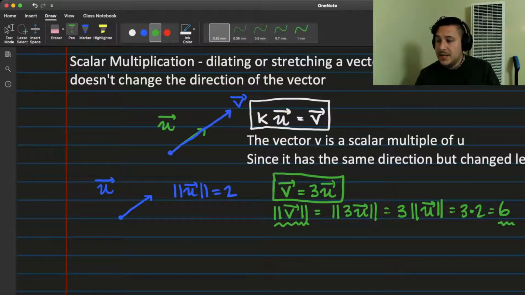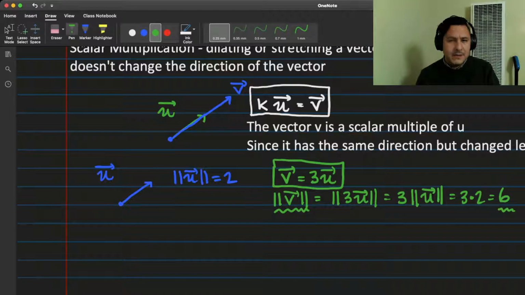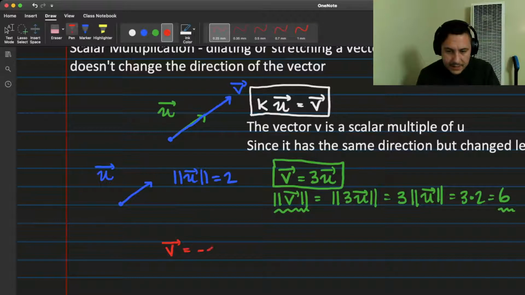There is something interesting that happens when you multiply by a negative number. So let's look at what happens when you say v is equal to negative u. u is this vector over here, this blue vector. Negative u points in the opposite direction.